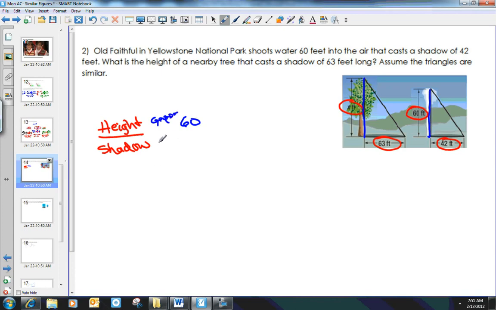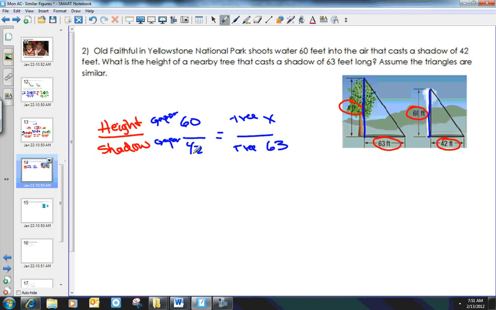And the shadow of the geyser is 42. The height of the tree is X, and the shadow of the tree is 63. So now I have my shadow numbers on the bottom, my height numbers on the top.